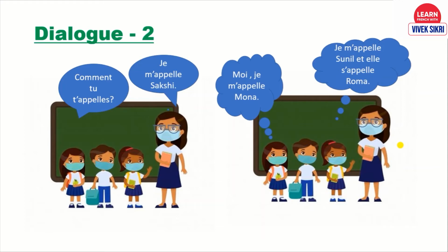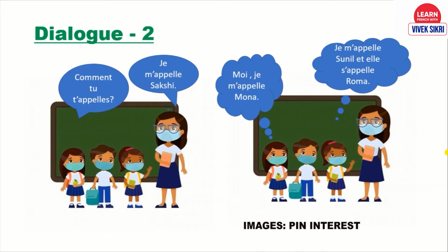Comment tu t'appelles? Je m'appelle Sakshi. Moi, je m'appelle Mona. Je m'appelle Sunil et elle s'appelle Roma. What's your name? I am Sakshi. Me, I am Mona. I am Sunil and she is Roma.